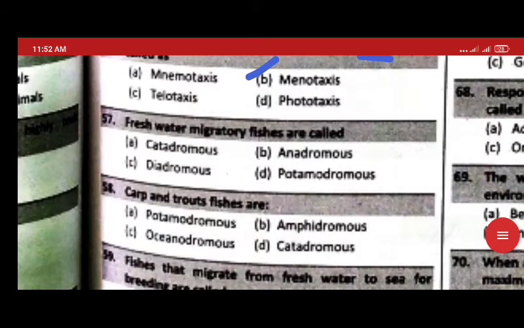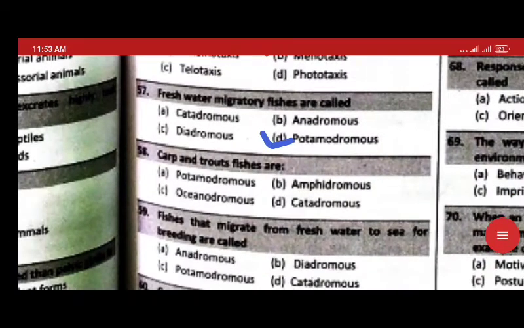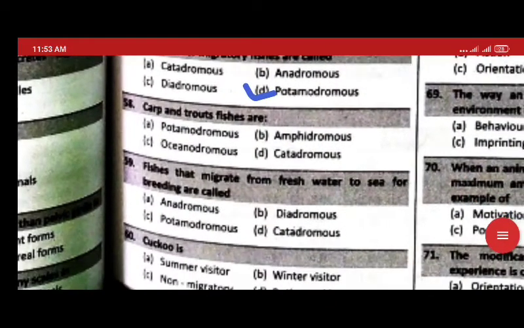Freshwater migratory fish are called. If freshwater migratory means from sea to freshwater. So in this type of condition nothing is clear. So option D is right, because within freshwater migration.